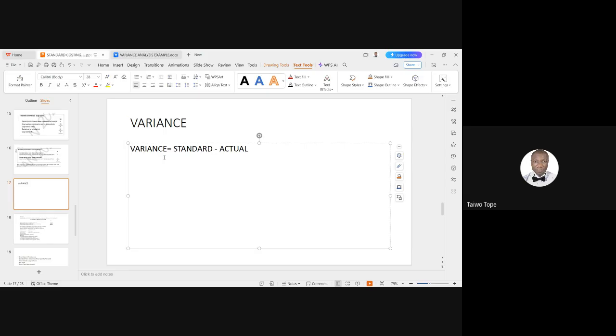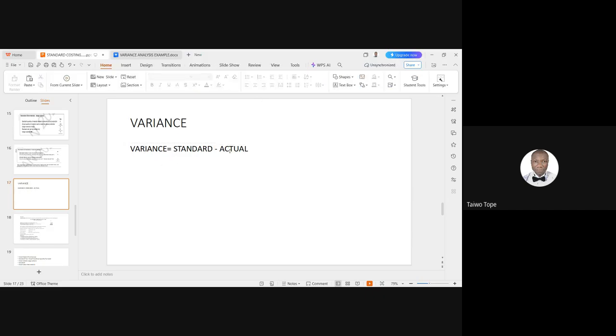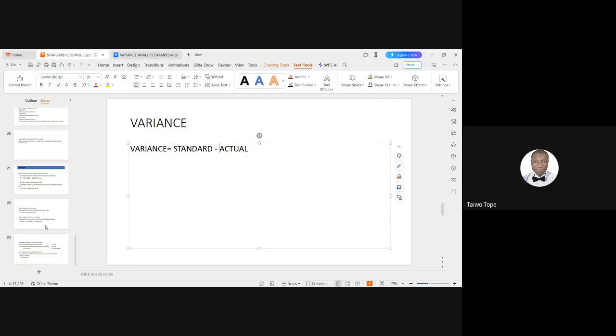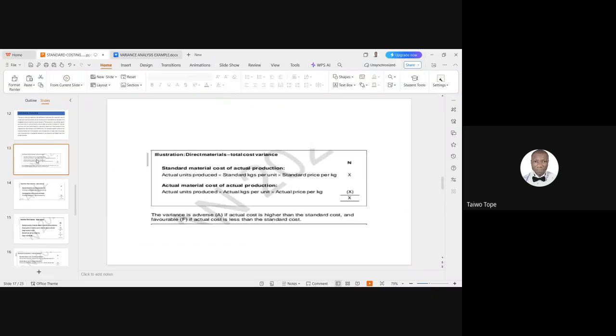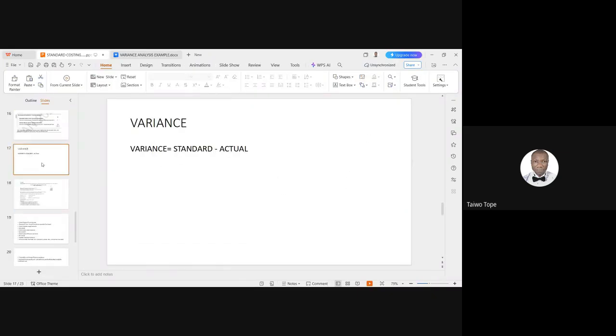When we talk about variance, there are various types of variance. I think I'll use a table to show that. I don't know if I even have a table here. There was a time I explained variance and I used a table to do that. I'll use a table to illustrate that, to make it more pleasant to us. So we have various types of variance.